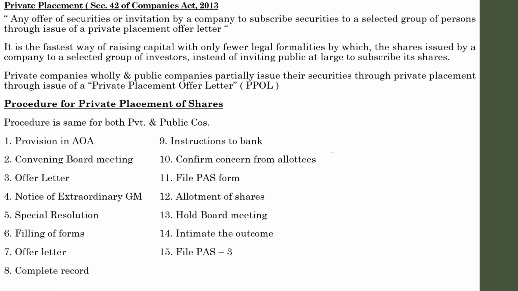Sometimes it may not be allotted, that depends upon the situation. And finally, issue share certificates. That is, share certificates are to be issued, and the minutes book and register of members are to be updated. So once all these steps are done, the private placement of shares is officially complete.